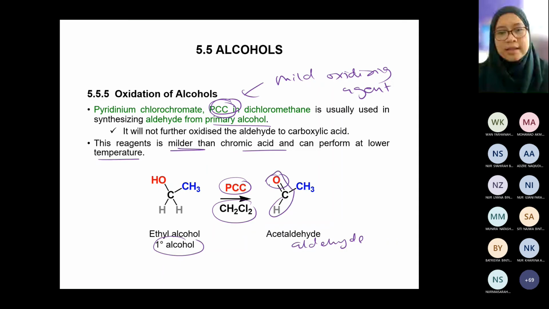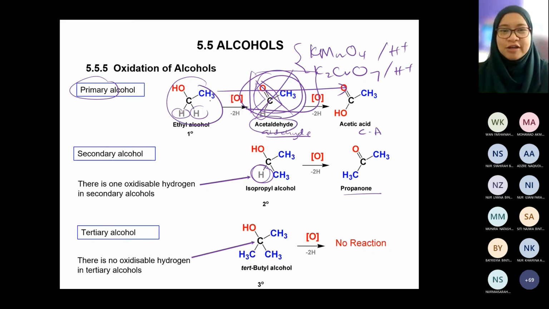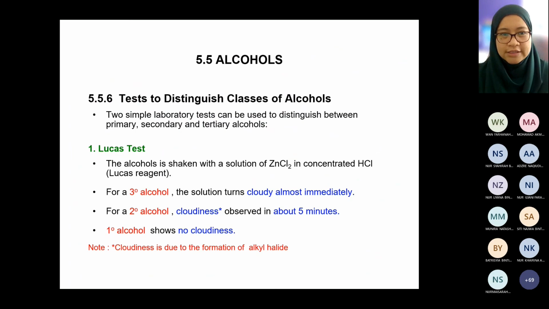Okay, so this is the option lah, the alternative. If we want to stop the reaction at aldehyde, then we will go for PCC. Okay, kalau you pakai KMnO4 ataupun potassium dichromate just now, you won't stop at aldehyde. You akan go from primary alcohol to carboxylic acid. Okay, sebab dia very strong. Okay, all right. So that is all for reactions of alcohol.